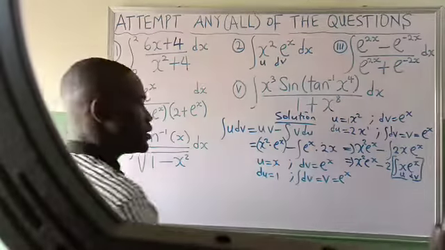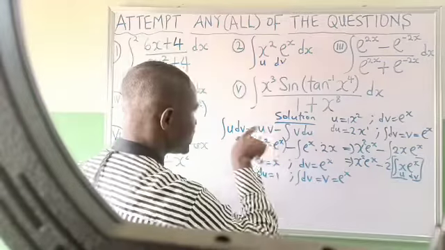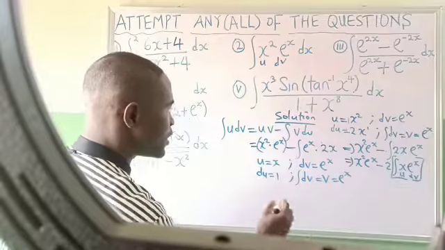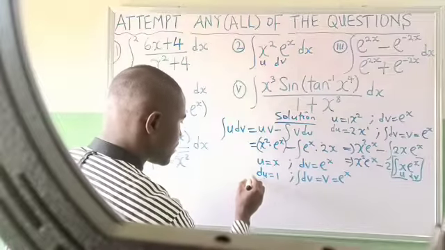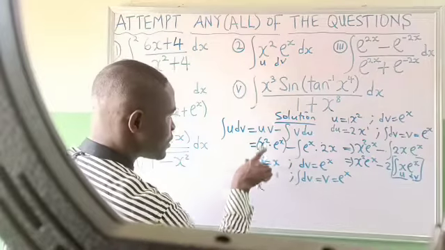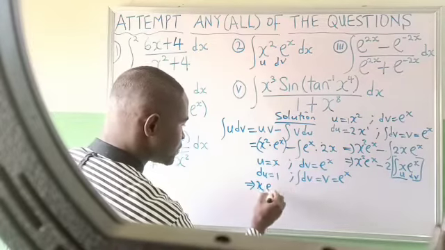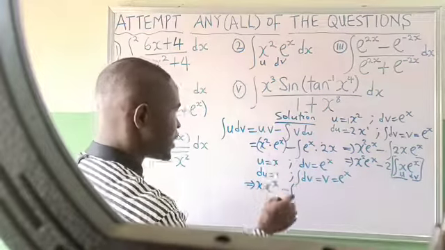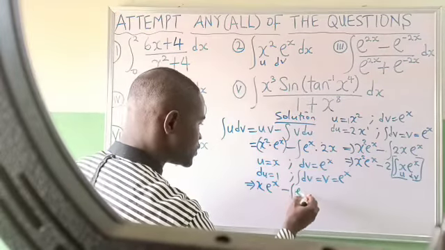Okay? Then I will still put it inside this formula. Whatever I get, I will package it and put here. What is my u from here? That implies my u is x, my v is exponential x, minus integral. What is my v? Exponential x.